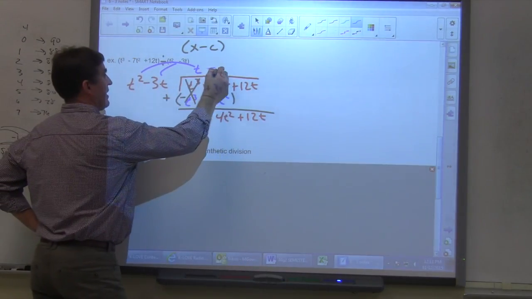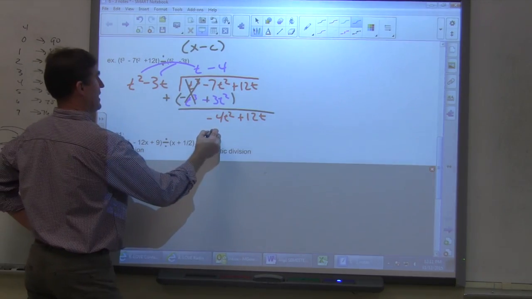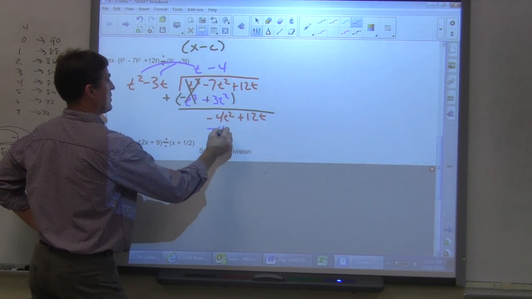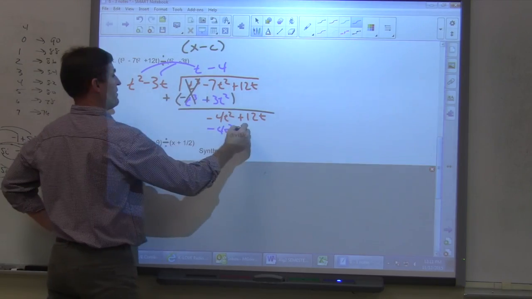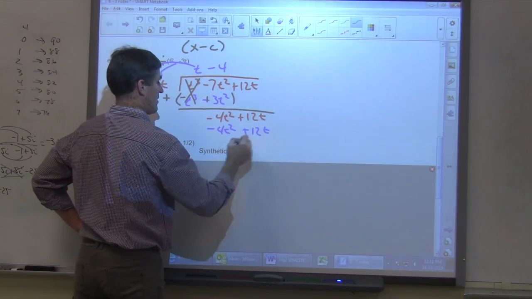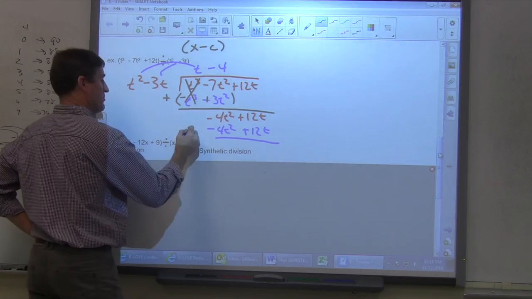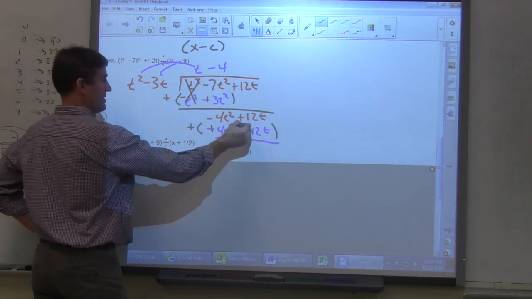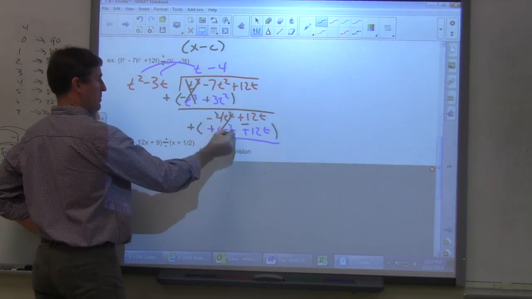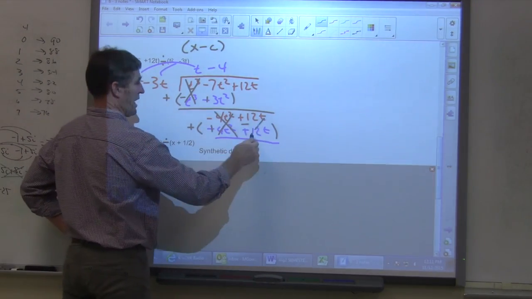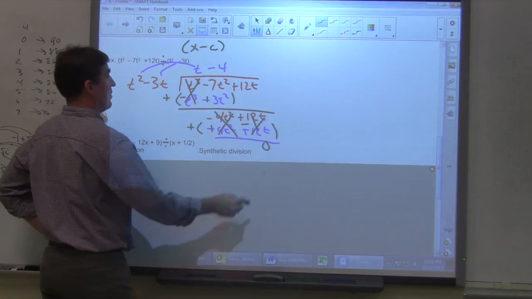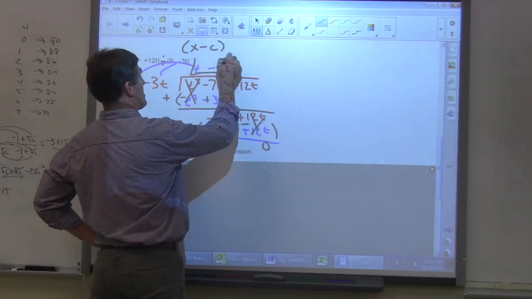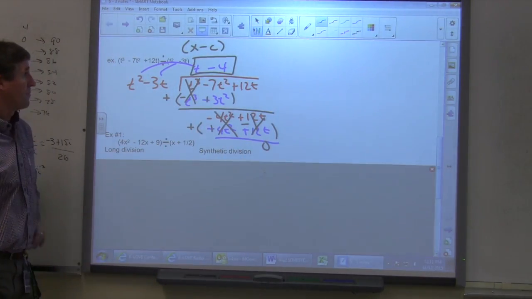That would be a negative 4. So we get negative 4t squared plus 12t. Again, we have to subtract this whole thing, so I'm going to change the signs and add. Opposites cancel. These are also opposites, so I get a remainder of 0. So my answer for this is just t minus 4.